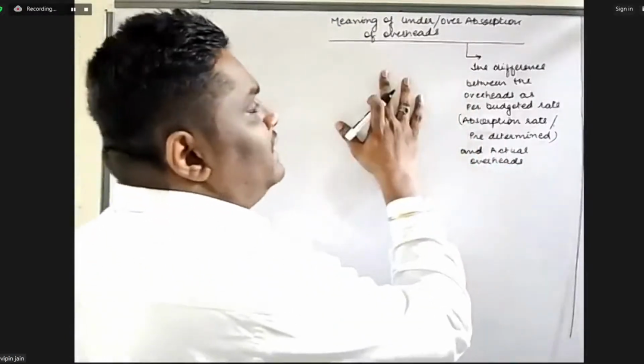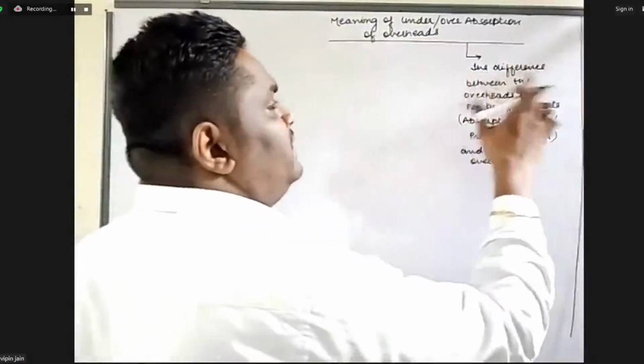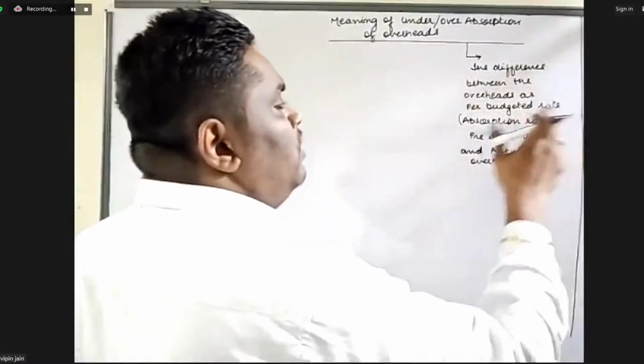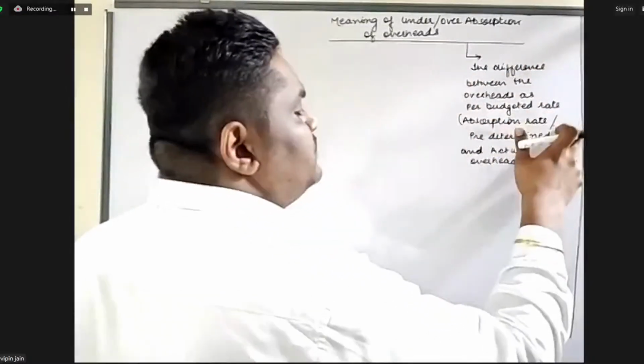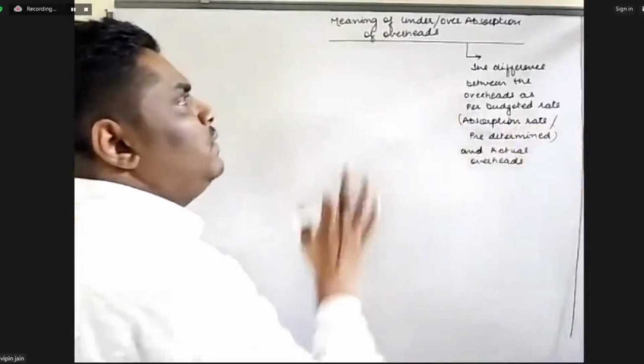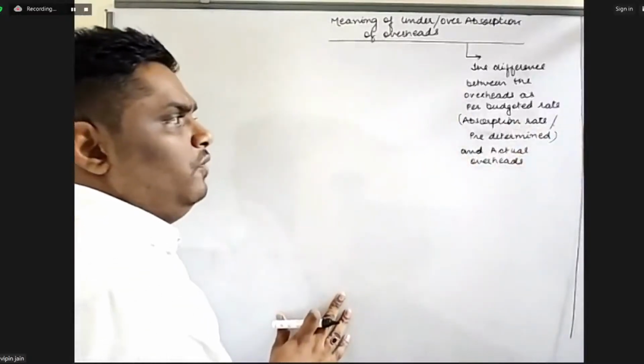I repeat again, what is under or over absorption? The difference between the overheads as per budgeted rate or predetermined rate or absorption rate and actual overhead is what we call under or over absorption of overhead.